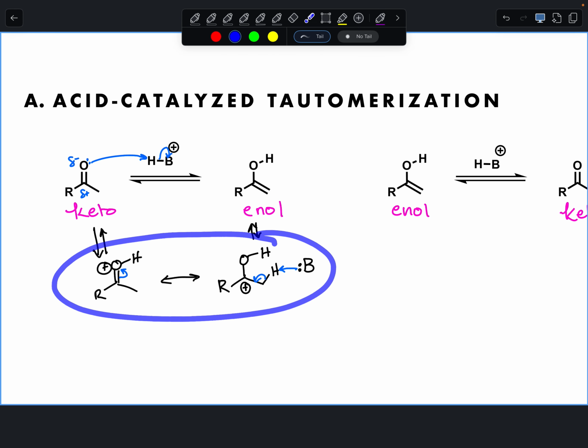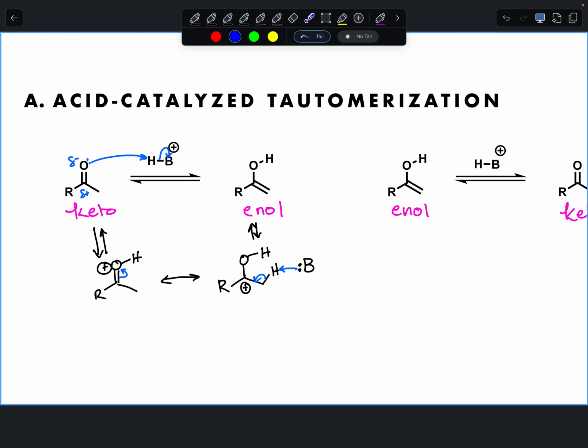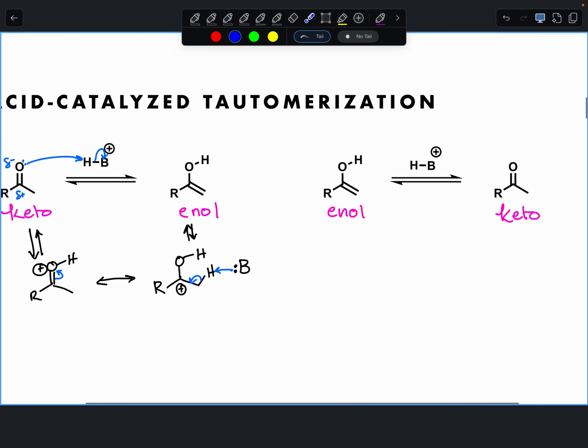Okay? Why is that? Because once again, if we react this with a base, and the base removes that alpha proton, we generate an enolate that is stabilized through resonance. Okay?